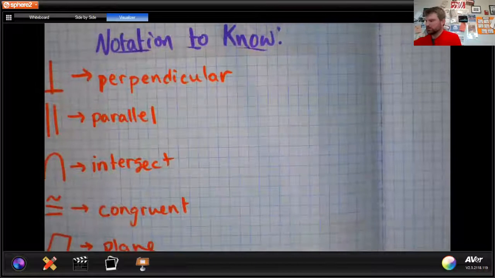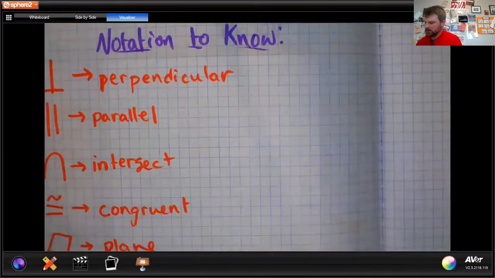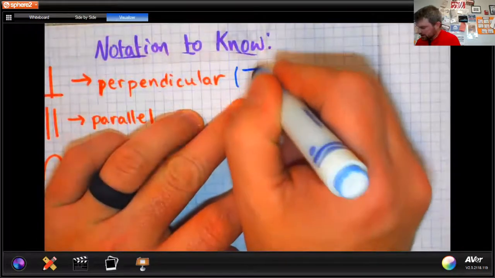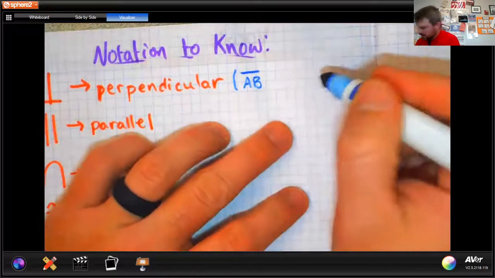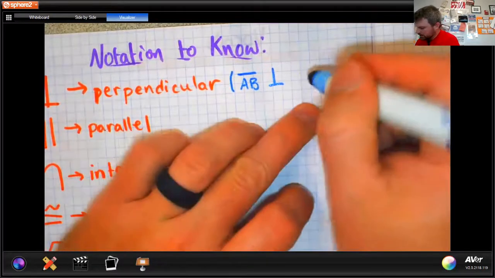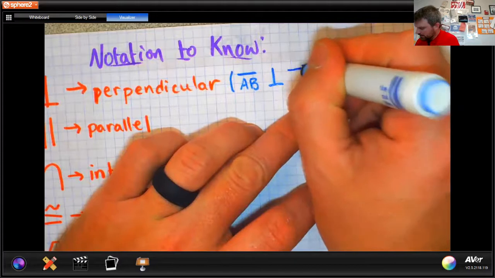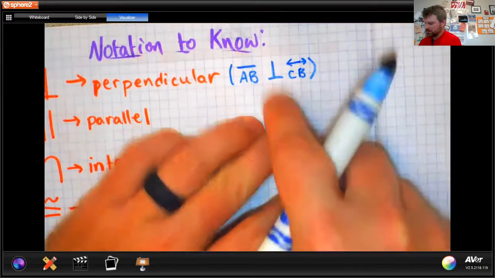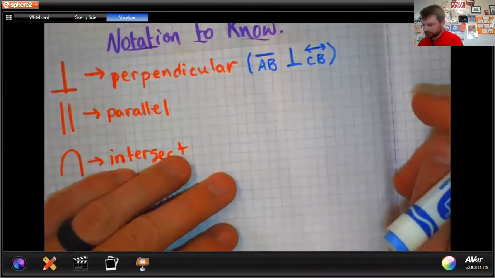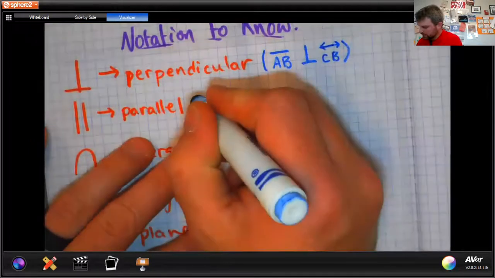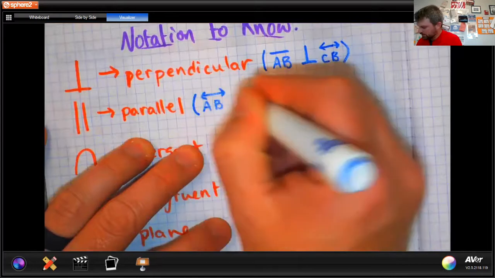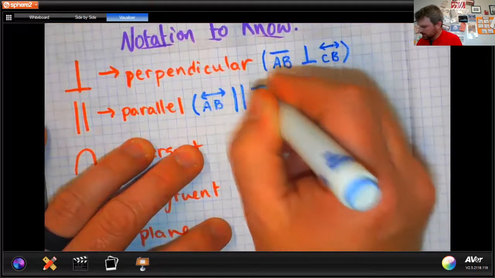So if we go back up to perpendicular, let me write a little example here of how you might use perpendicular. I might say that segment AB is perpendicular to line CB. That gives you a hint of how that symbol is used. I can use parallel. Let's say line AB is parallel to line XZ.